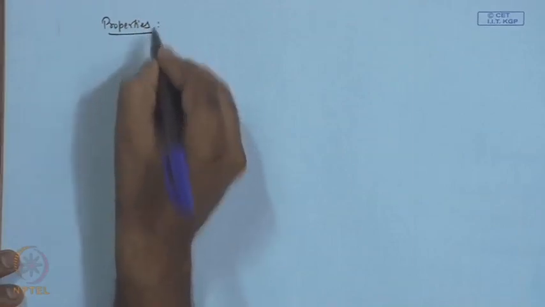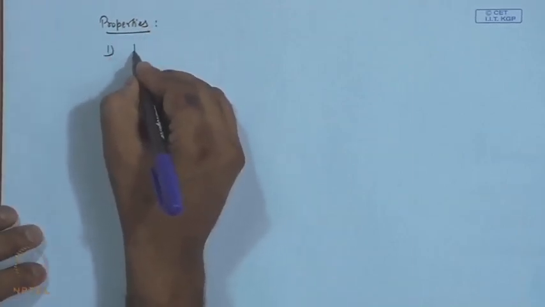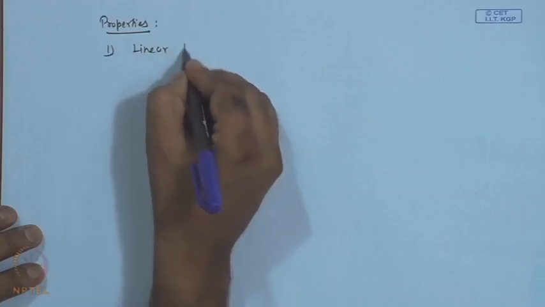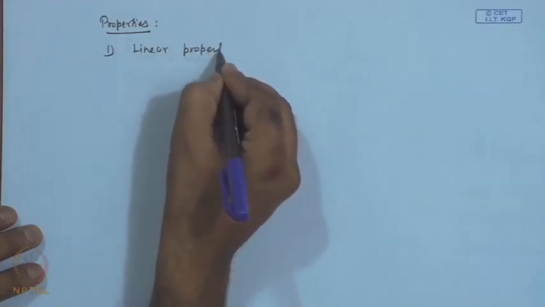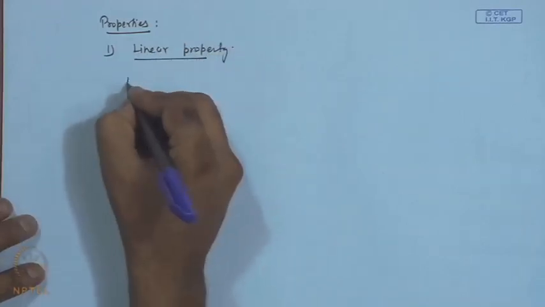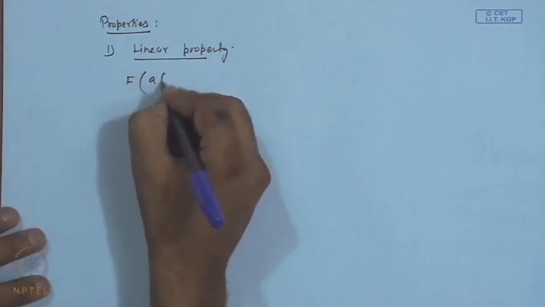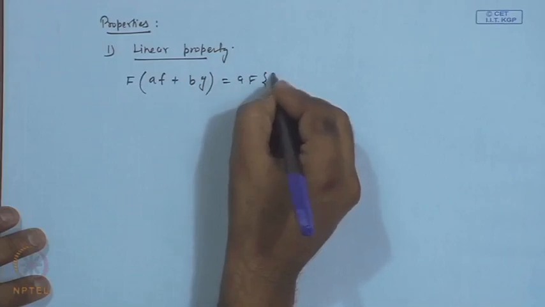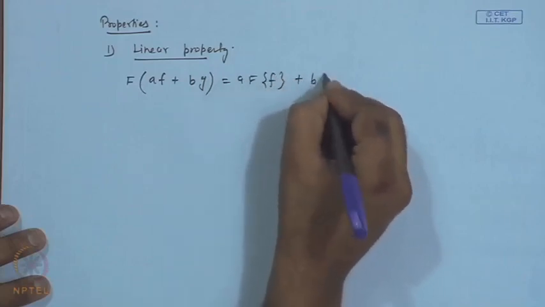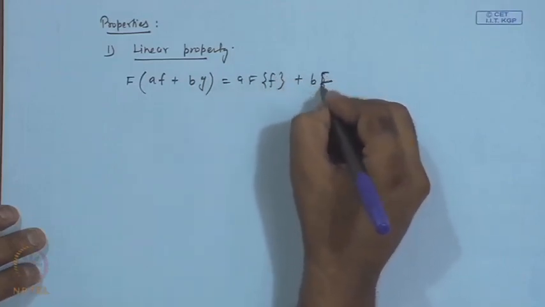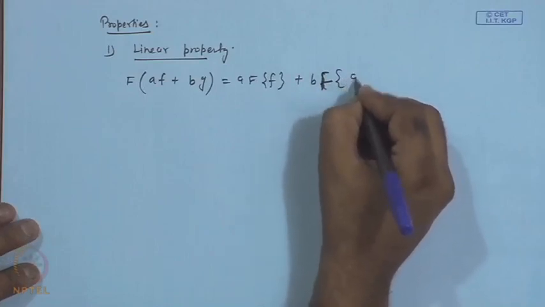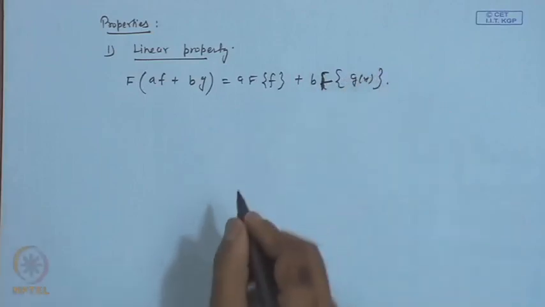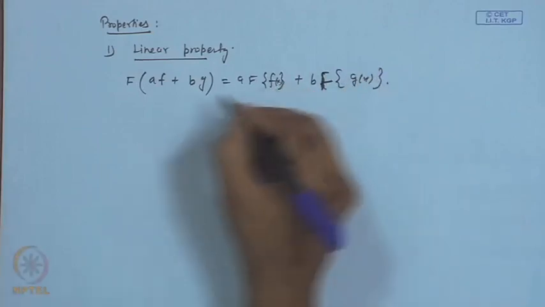So, properties. First, as usual, we have the linear property. In this case, the Fourier transform of a f plus b g is a times the Fourier transform of f plus b times the Fourier transform of the function g(x), with f(x) and g(x) put here.